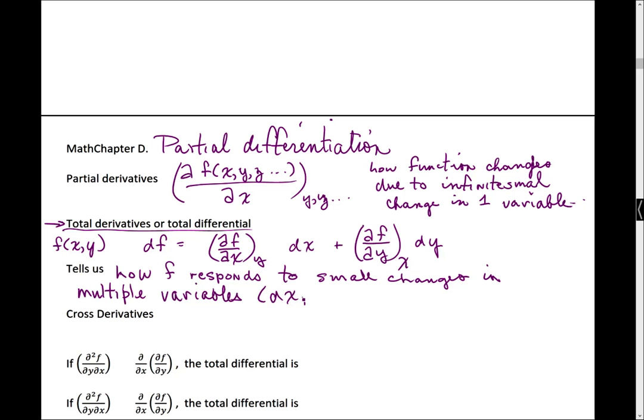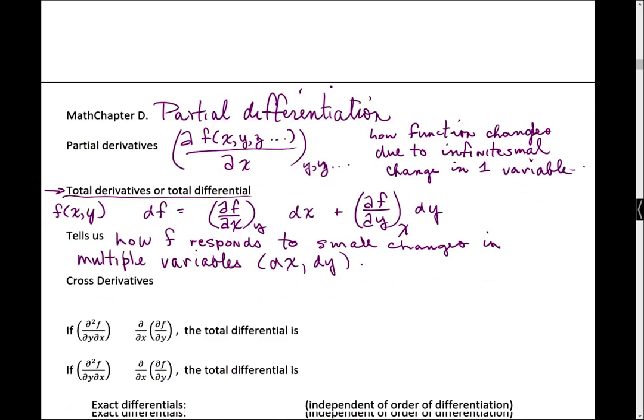So dx, dy. And basically, this is global, and it tells us all the variables that contribute to our system, our thermodynamic property. This gives us the relationships.